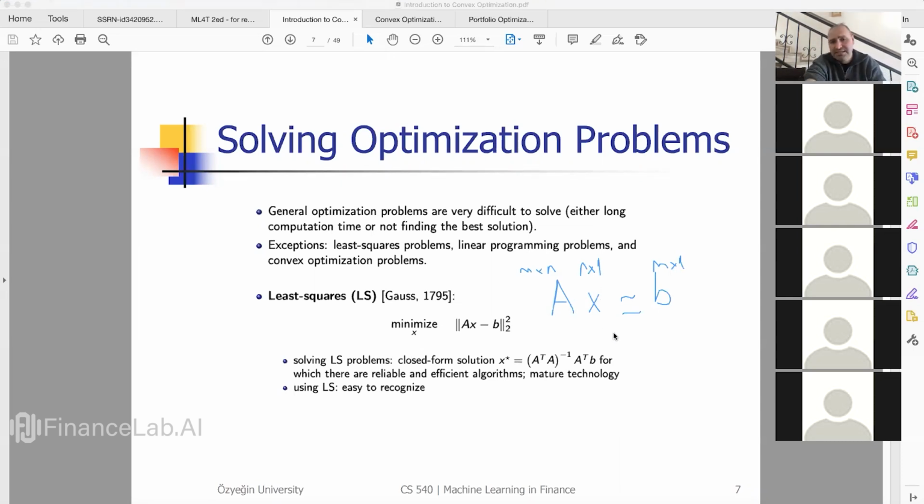In least square, we minimize the square of the second norm of the difference, minimizing over x the squared second norm of Ax minus b. This is the same as (Ax minus b) transpose times (Ax minus b).